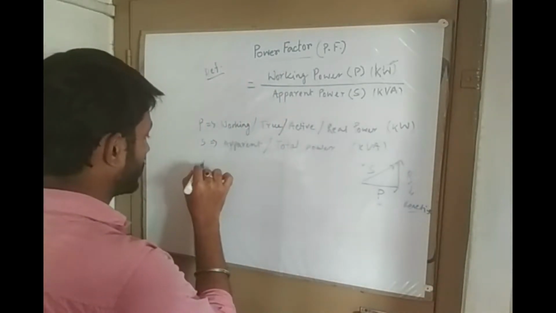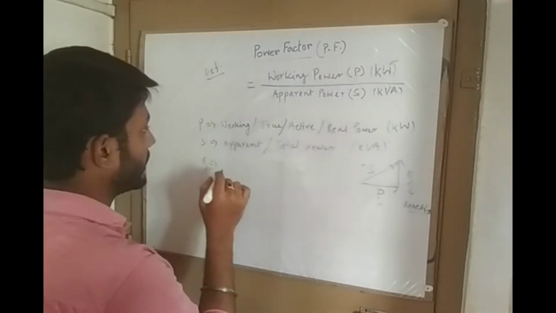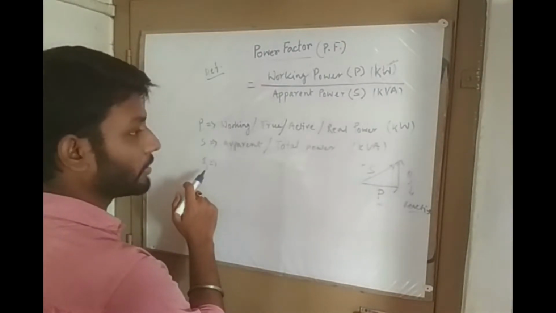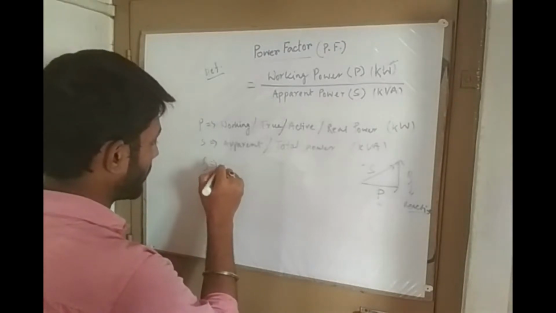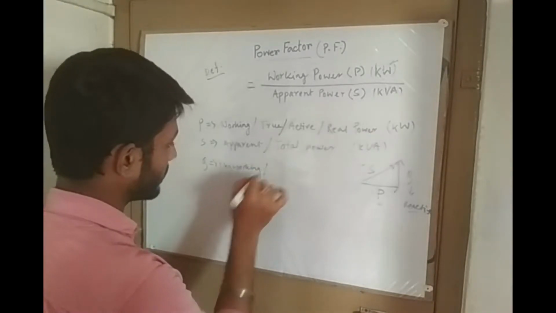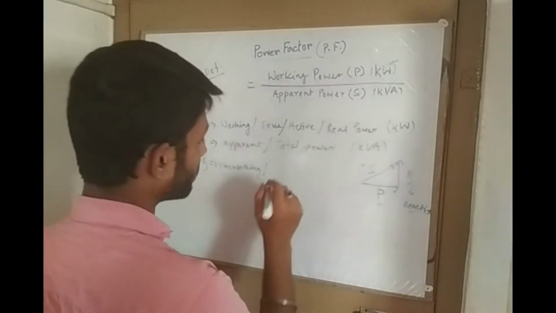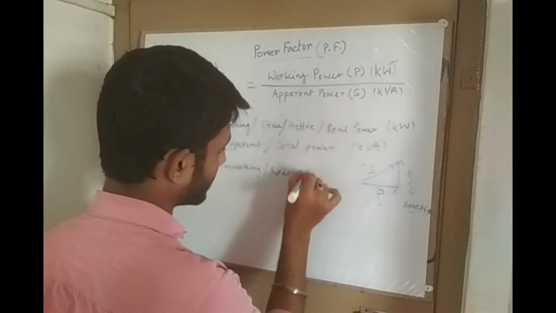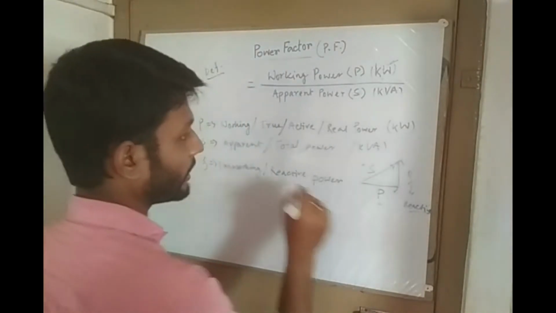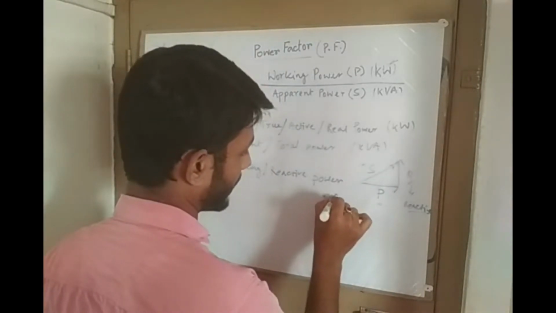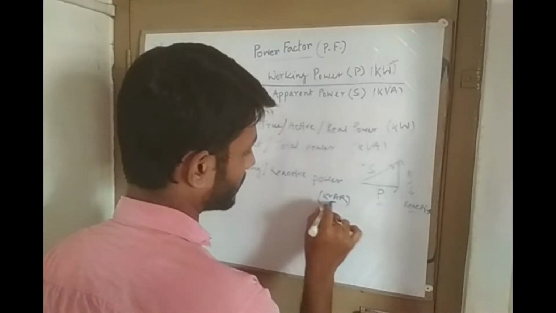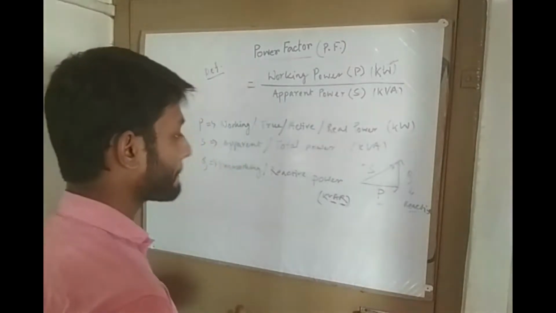As P is called working power, Q is also called non-working power, or reactive power, and its unit is kVAR, kilovolt ampere reactive.